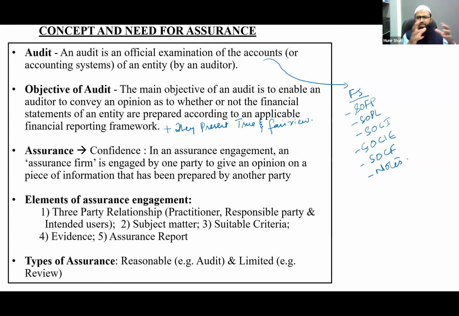Why is there a need to even give an opinion on whether the financial statements present a true and fair view? This is because the business is usually run by the directors, by the management of the company. And in a big company, those who are running the company are different from those who own the company, the shareholders. So whatever affairs of the company are being run by the directors, shareholders are not aware of that. And the management presents those affairs in the form of financial statements, financial information.